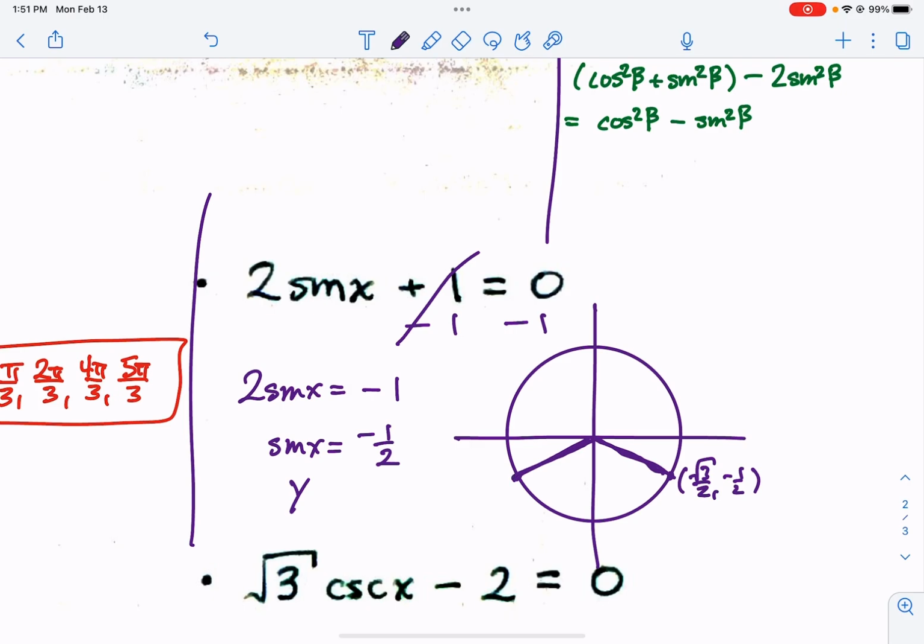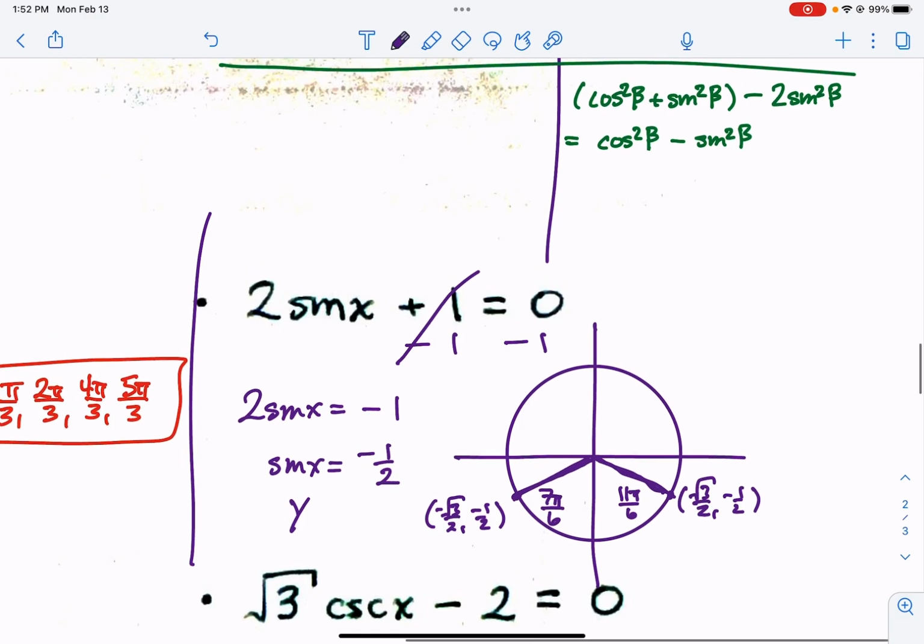And over here, the coordinates are negative radical 3 over 2, negative 1/2. What are those angles? This one is 7 pi over 6. This is your 11 pi over 6. So those are my 2 solutions. So x equals 7 pi over 6, 11 pi over 6.